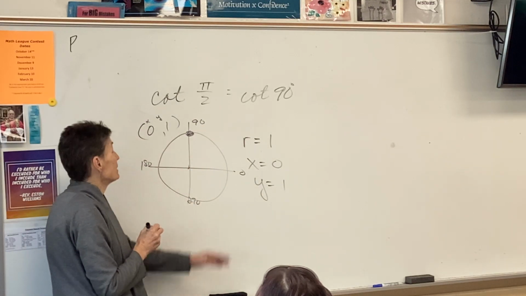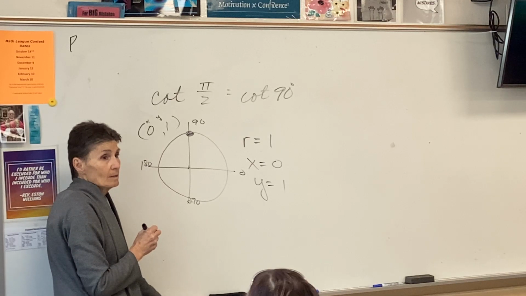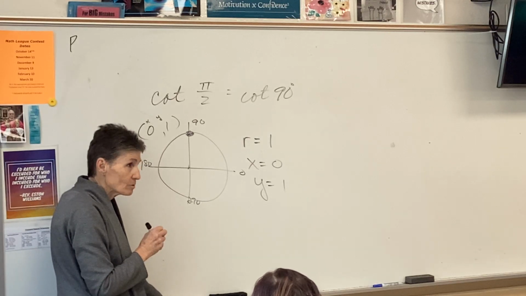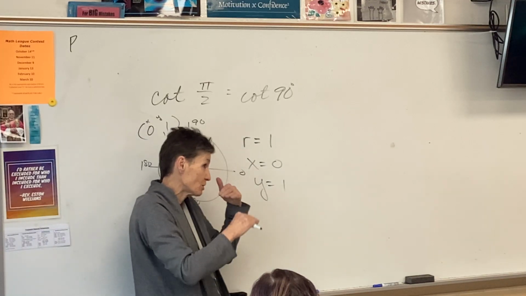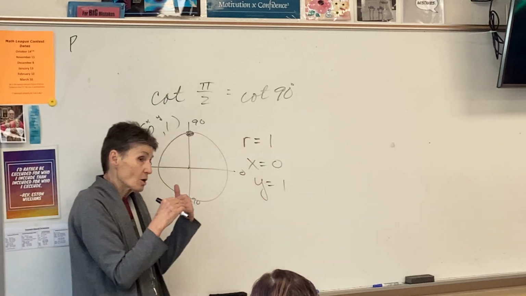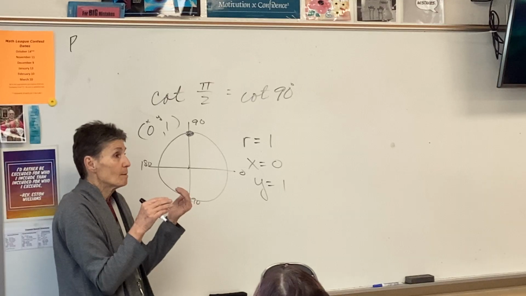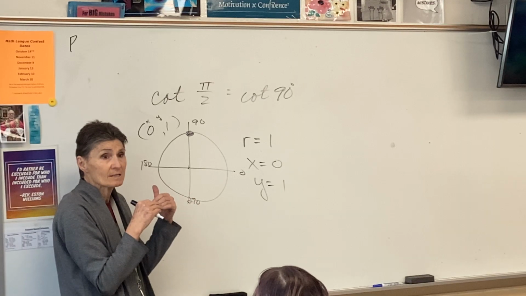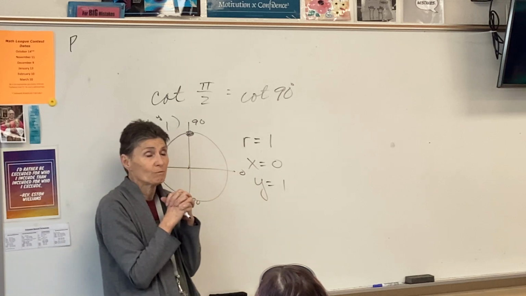Now I need cotangent. Quite honestly, I don't have a cotangent memorized, but I have tangent memorized, and I know the cotangent is the reciprocal. So don't say SOHCAHTOA because that is the triangle definition. What is the circle definition for the tangent?